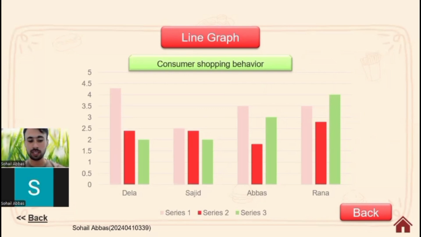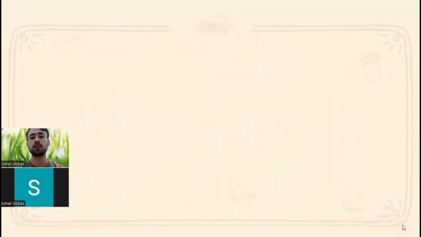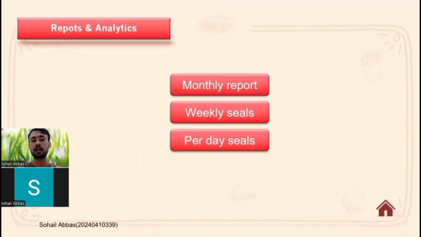It compares customer activity across different individuals using multiple series like series 1, 2, 3. As you see, there is a difference between each of the customers, let's say Dela and Abbas. So these are different categories. From here, you can click back or click on the menu. If you click on the menu, you will be directed to the main slide of the report and analytics section.